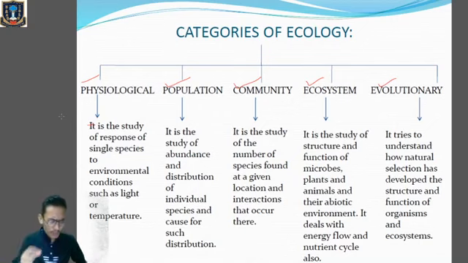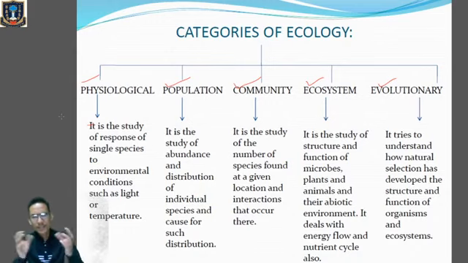Number two is population ecology, which is the study of abundance and distribution of individual species. Okay? So population ecology deals with the abundance, meaning you can say diversity of species, along with the distribution, because in our ecosystem we will find different types of species, right? There is a huge variety of species.